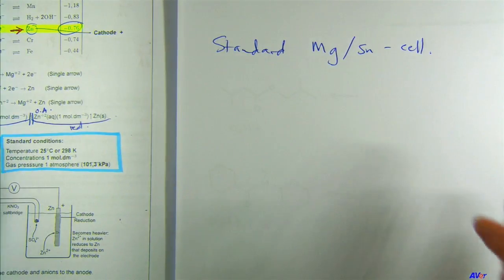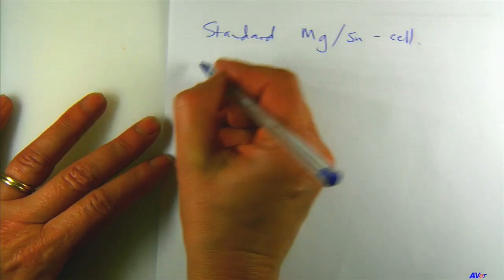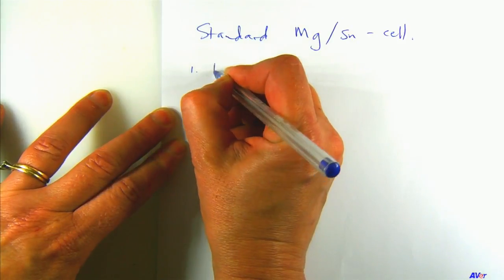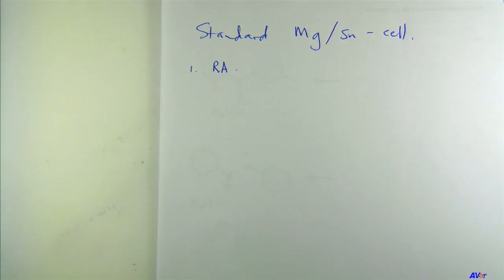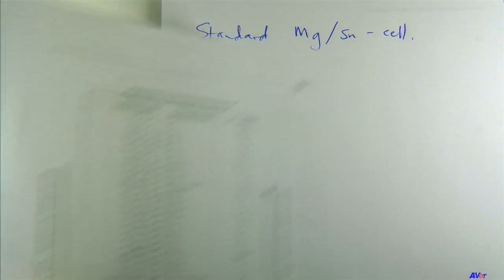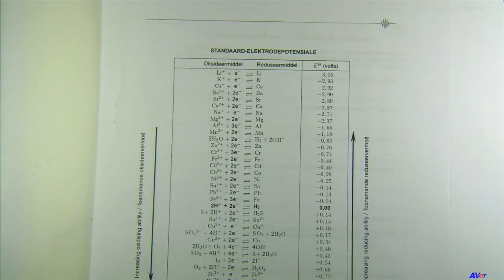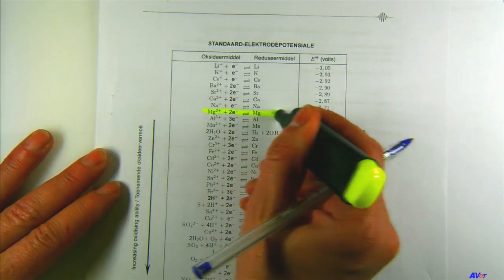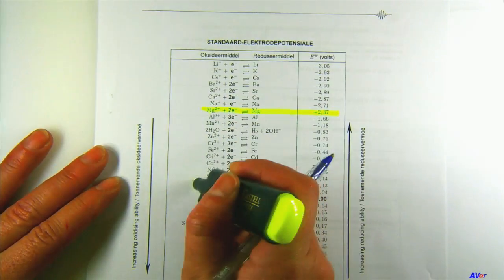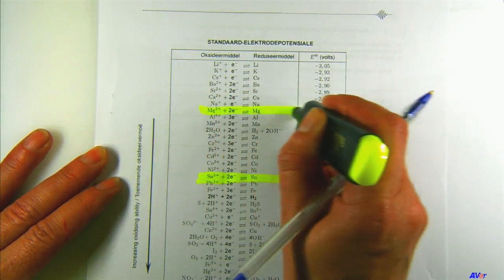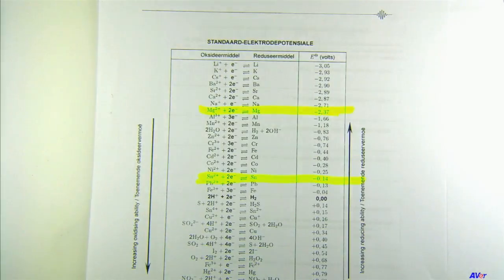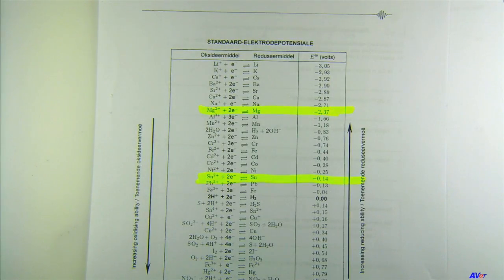Now I'm going to just ask you, which substance will be the reducing agent in a standard magnesium tin cell? So you have to use your table and decide if you've got a magnesium tin cell. Can you tell me which is going to be the reducing agent in the cell?